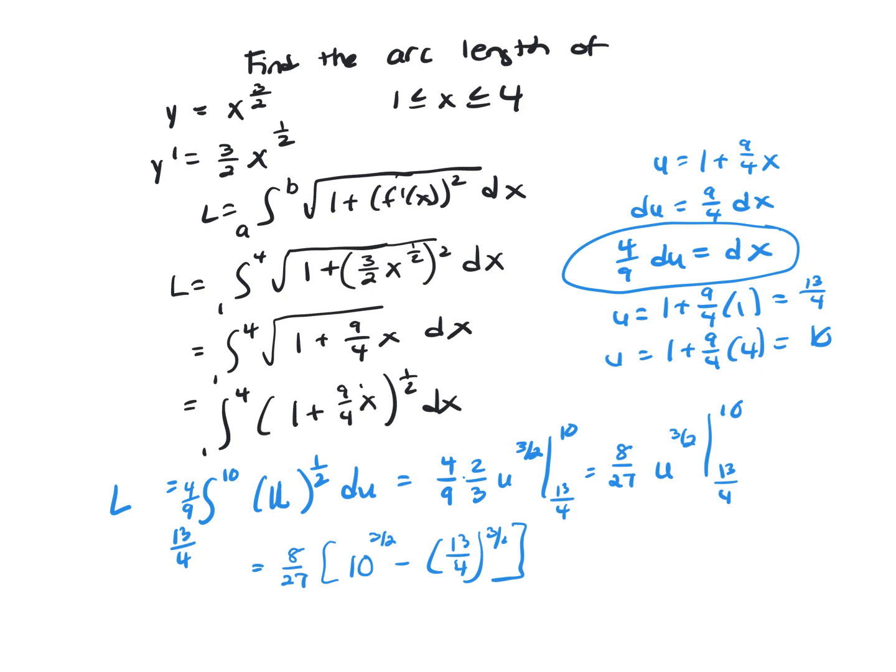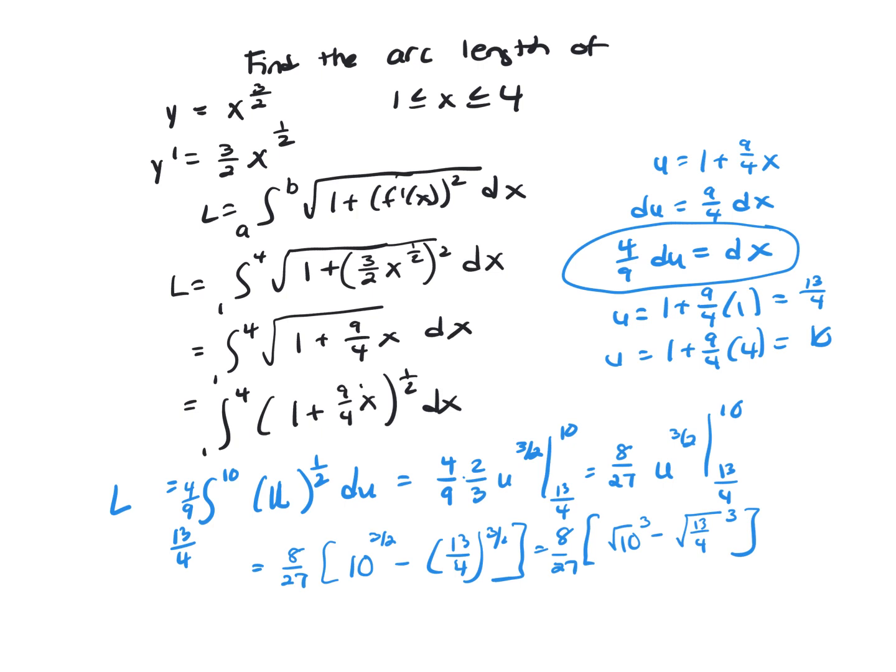And if you simplify that, that will give you 8/27 times the square root of 10 cubed minus the square root of 13/4 cubed.